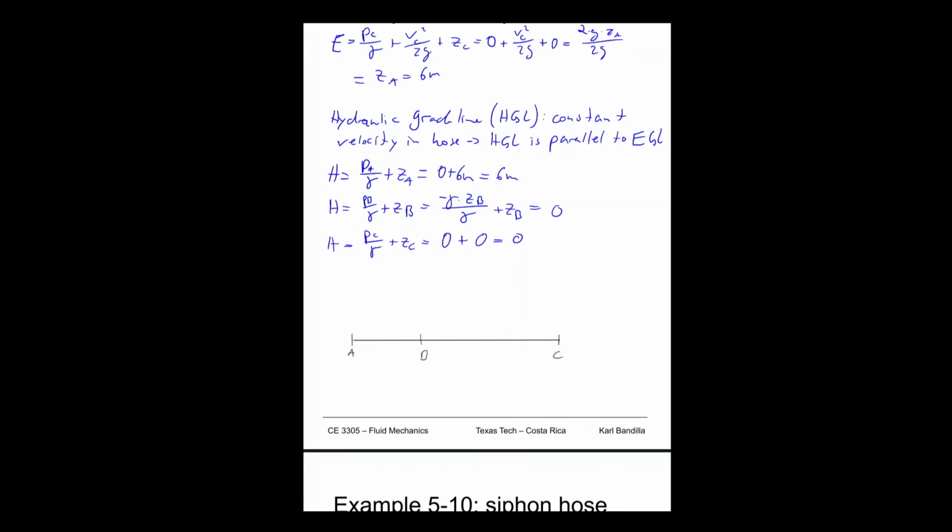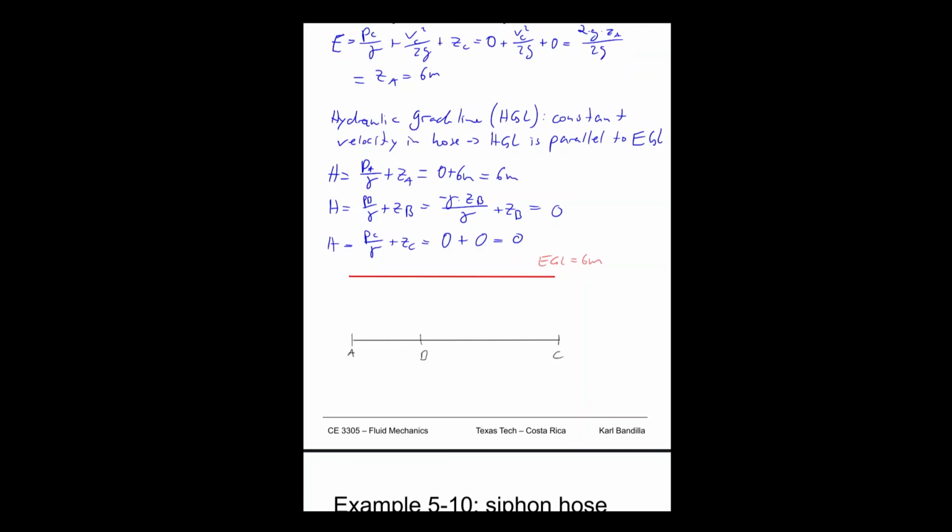We said that was just a horizontal line. Oops, that's the wrong one. There we go. Right, just at 6 meters, so something like this. There we go. That would be our energy grade line, EGL equal to 6 meters.